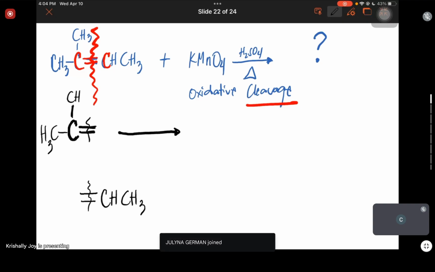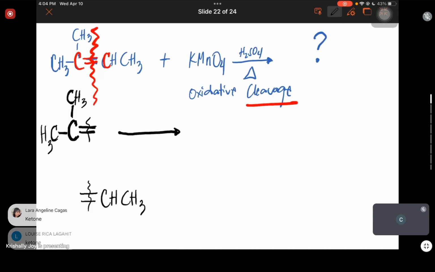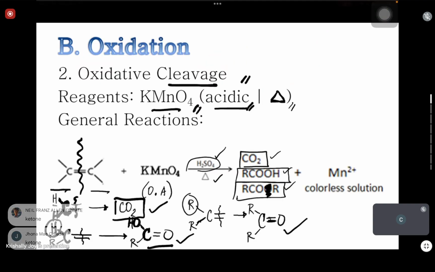Wala na siyang hydrogen, puro R group, that is 3 R groups, a methyl group, then the other one is also a methyl group. What do you think will be the product for that first cleaved portion? Is it carbon dioxide, carboxylic acid, or a ketone? Sige, very good. It's a ketone, kasi puro R group ang naka-attach sa iyaha.